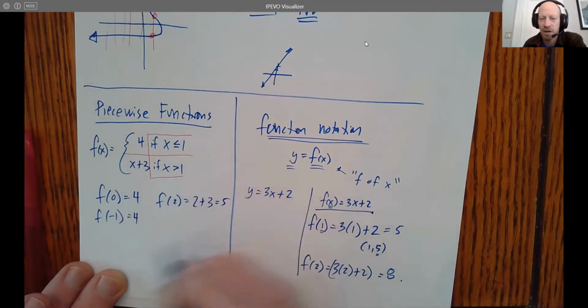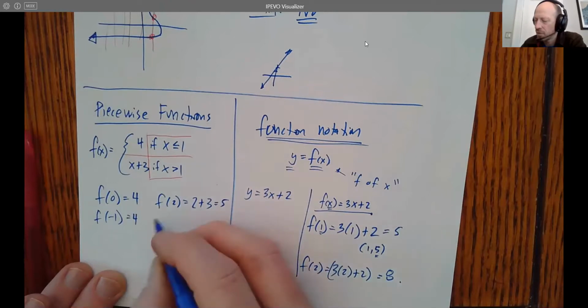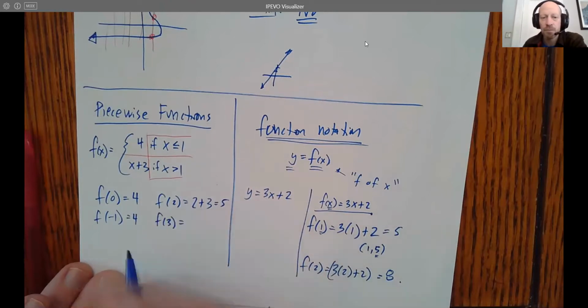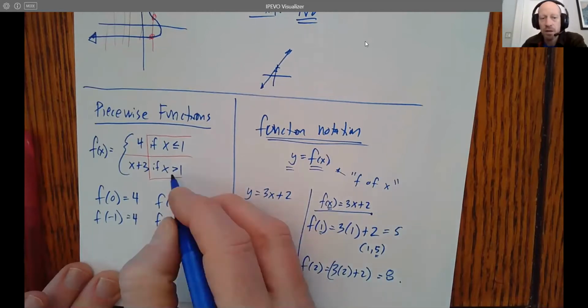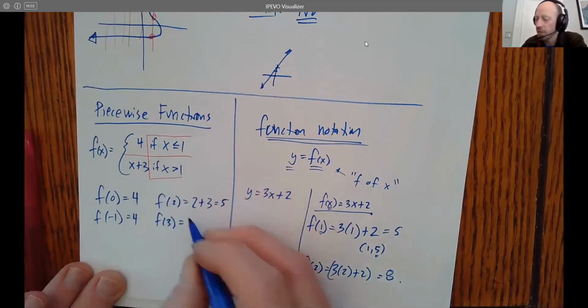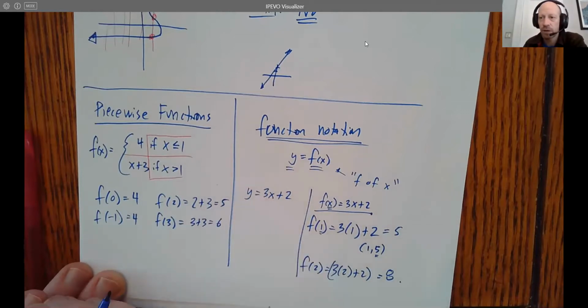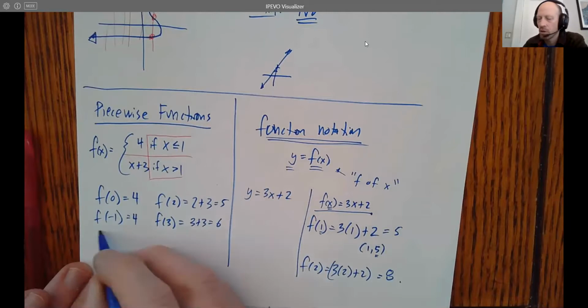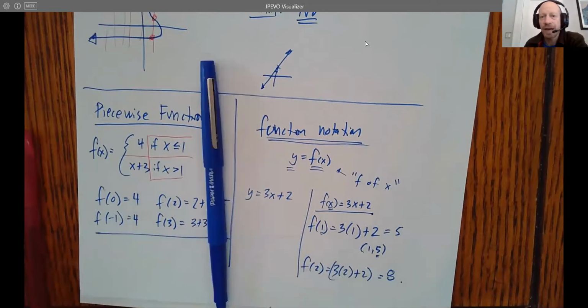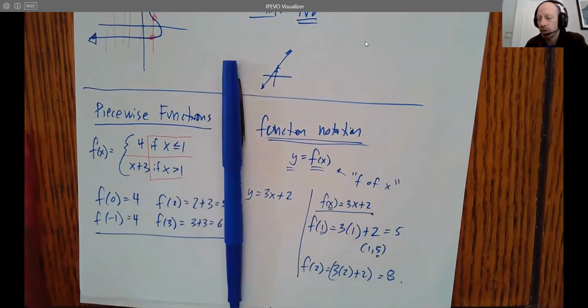And that gives me 5. F of 3, okay, 3 is bigger than 1. 3 plus 3 is 6, okay? So that is how we use a piecewise function.